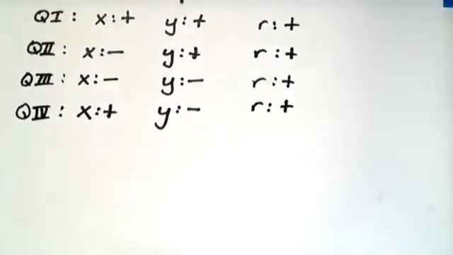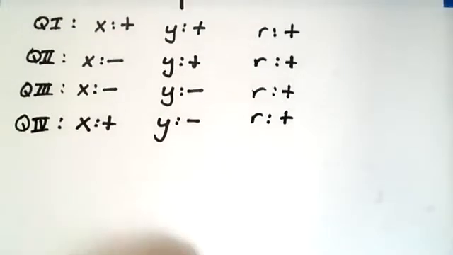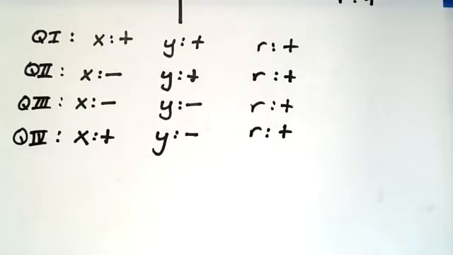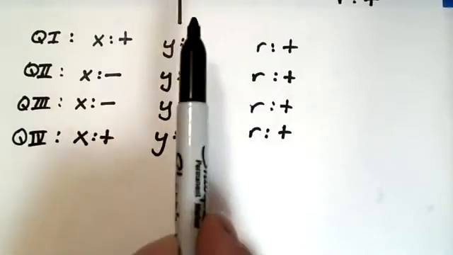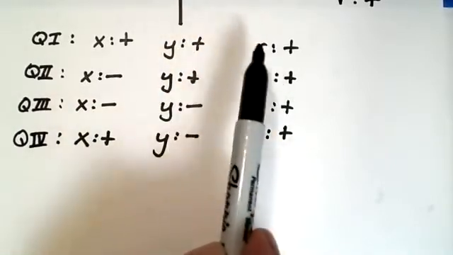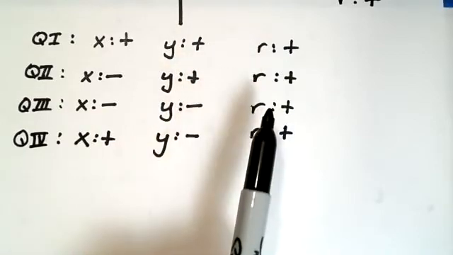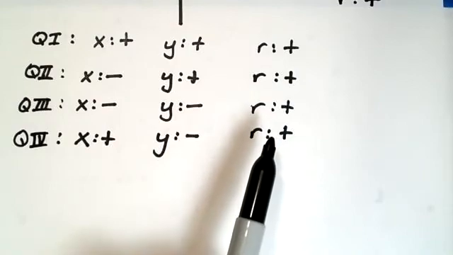Okay, so based on this, let's think about a particular function. Let's consider sine for a second. In quadrant 1, sine is y over r. So sine is positive in quadrant 1, positive in quadrant 2, negative in quadrant 3, negative in quadrant 4.